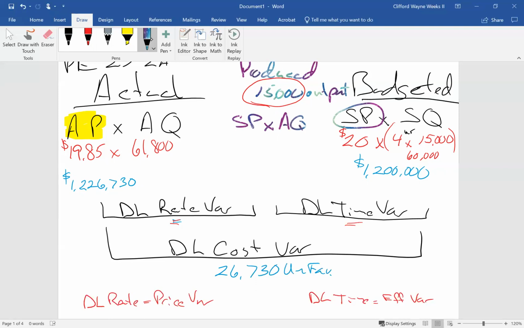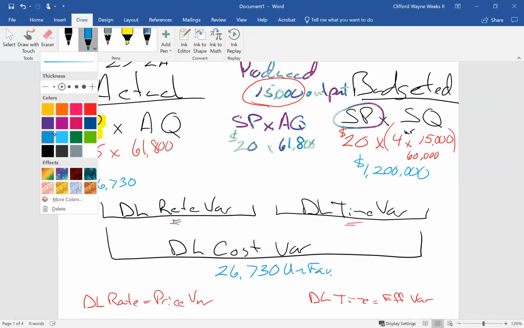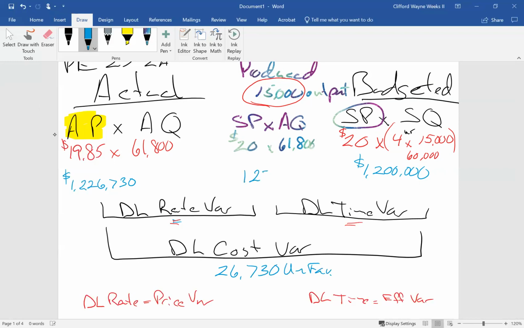We take the actual quantity from the actual, 61,800, and multiply that times the standard price of $20. If we multiply that out, 20 times 61,800, we come up with 1,236,000.